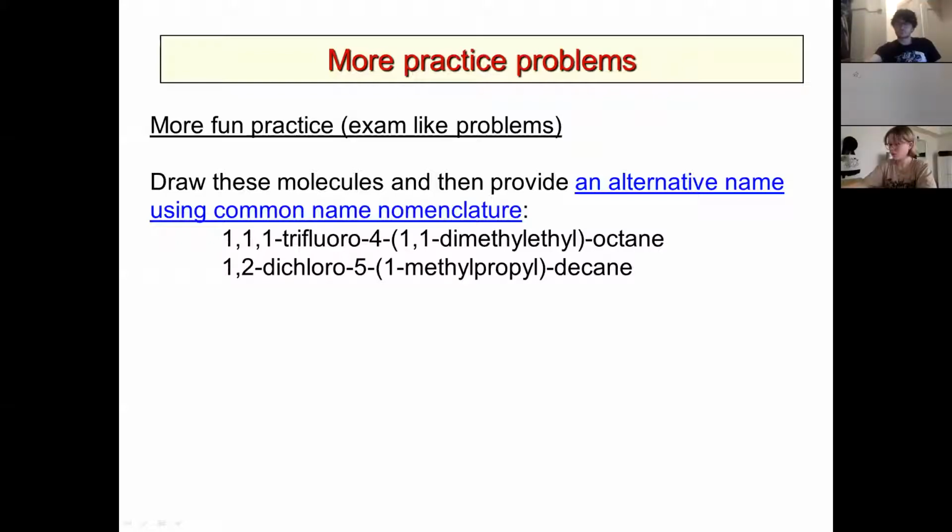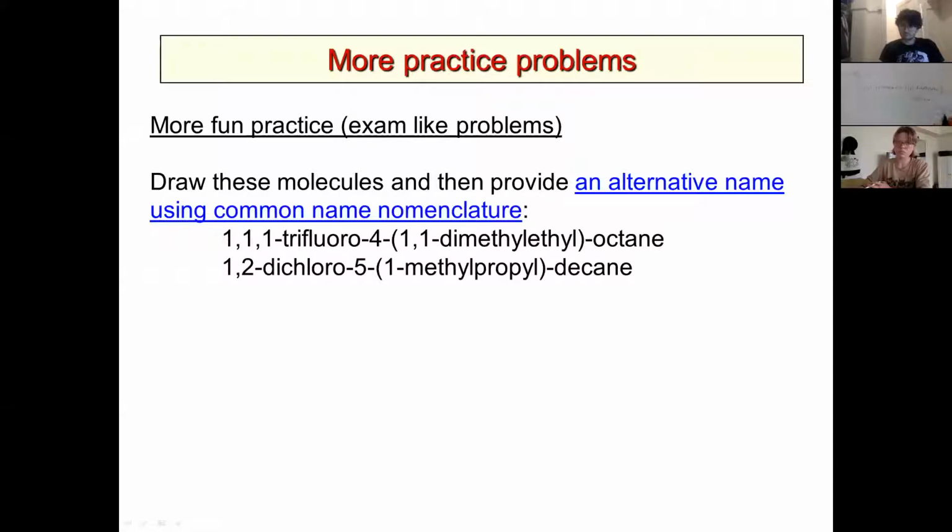All right, let's see if I can do that. 1,1,1-trifluoro 4,1,1-dimethyl ethyl octane.